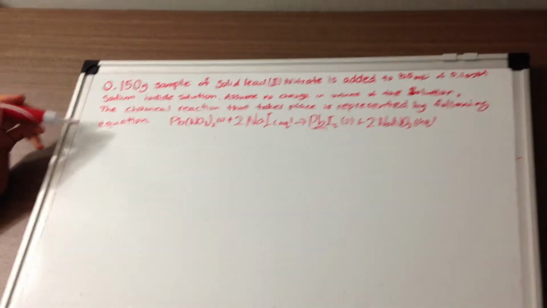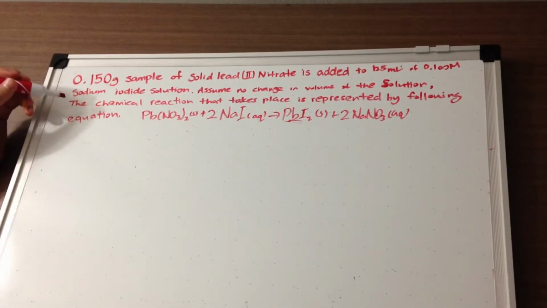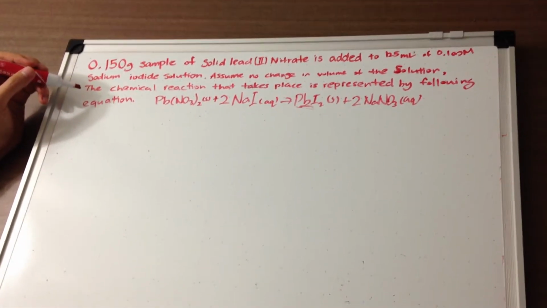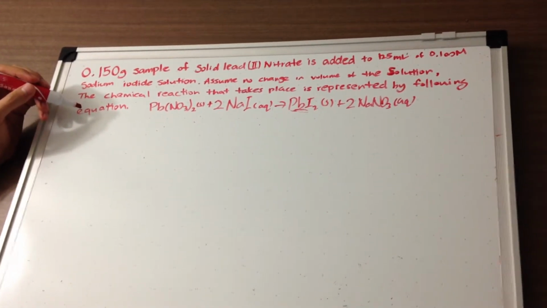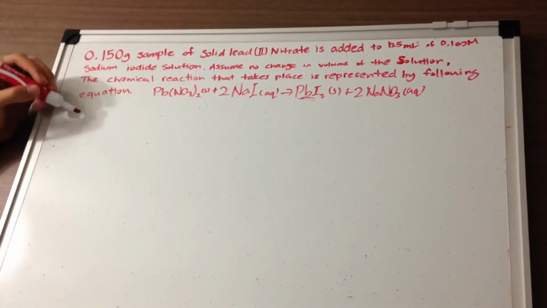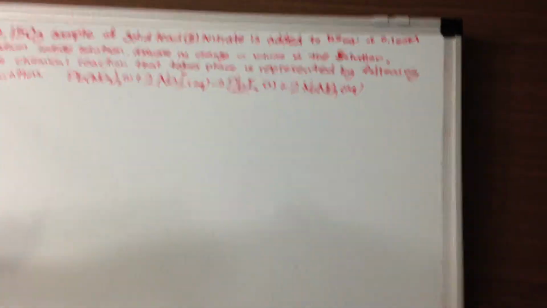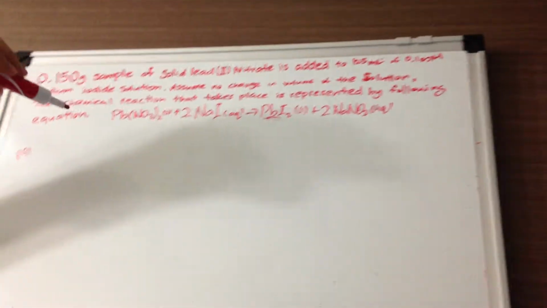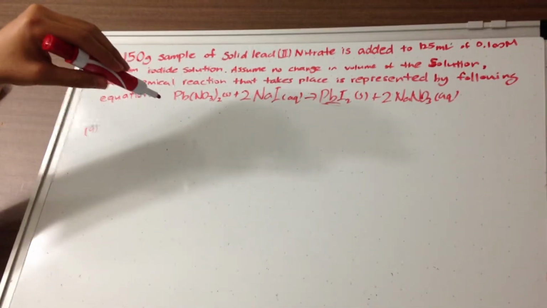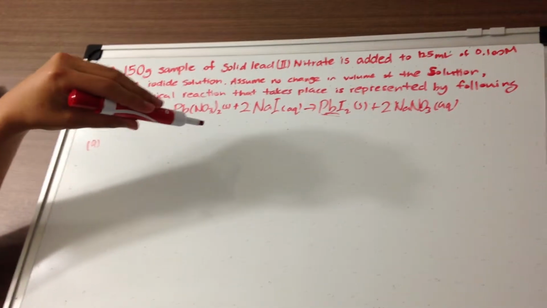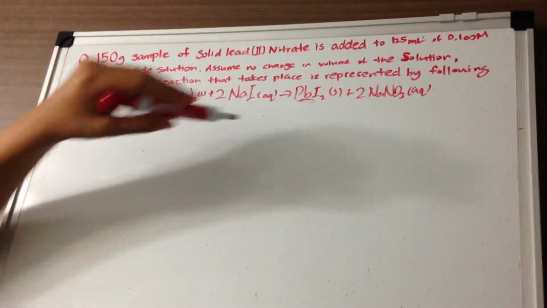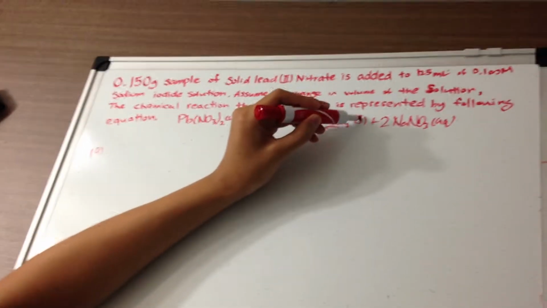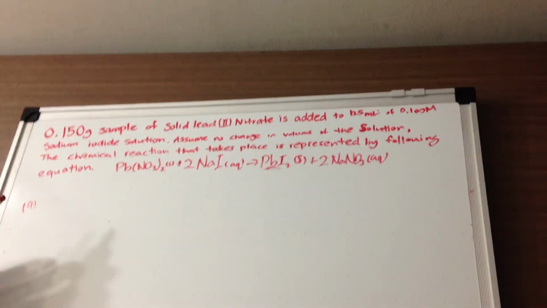So question A is: list an appropriate observation that provides evidence of a chemical reaction between two compounds. So you could see from the equation that Pb(NO3)2 and NaI are reacting to result in PbI2, which is a solid, and also by solubility rules, it is insoluble.